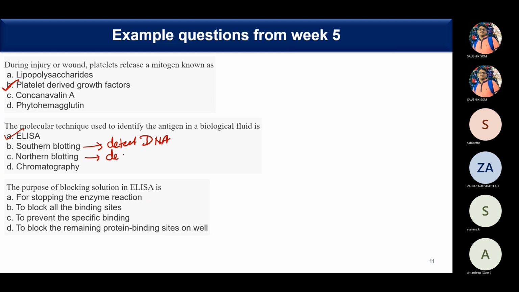Northern blotting is used to detect RNA. There is also something known as Western blotting. You can also use Western blotting to detect antigen, by the way. Western blotting detects basically protein, because antigen is also most of the time protein. If the antigen is a protein, detect protein.